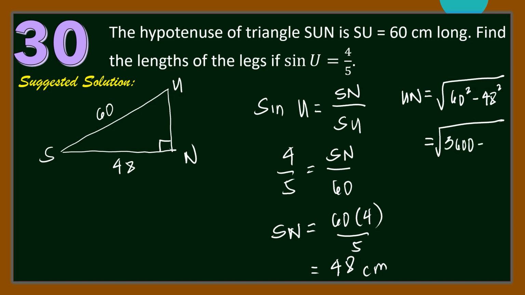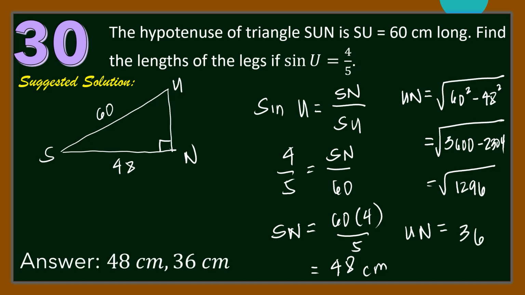And 48 squared is 2,304. So we have the square root of 1,296. Therefore, UN is equal to 36. The legs of right triangle SUN are 48 centimeters and 36 centimeters.